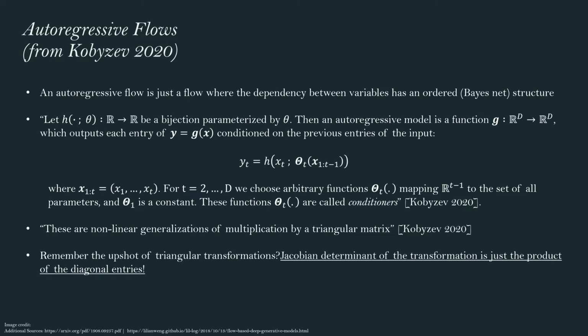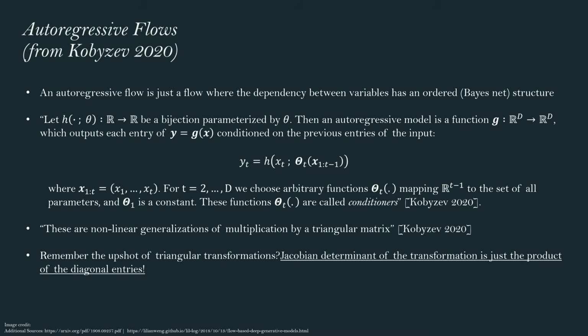And so we get that same upshot that we got from the triangular matrices back in the linear flows, which is that the Jacobian determinant is just going to be the product of the diagonal entries, right?